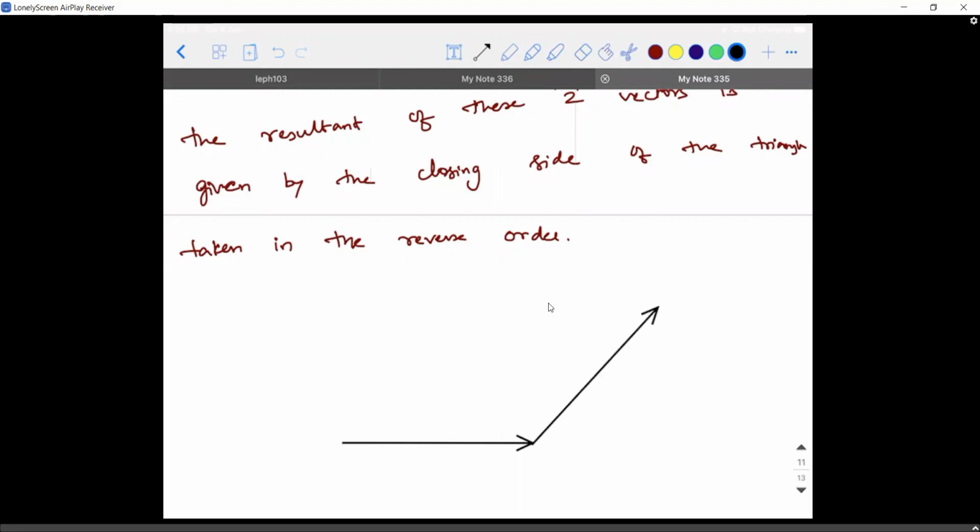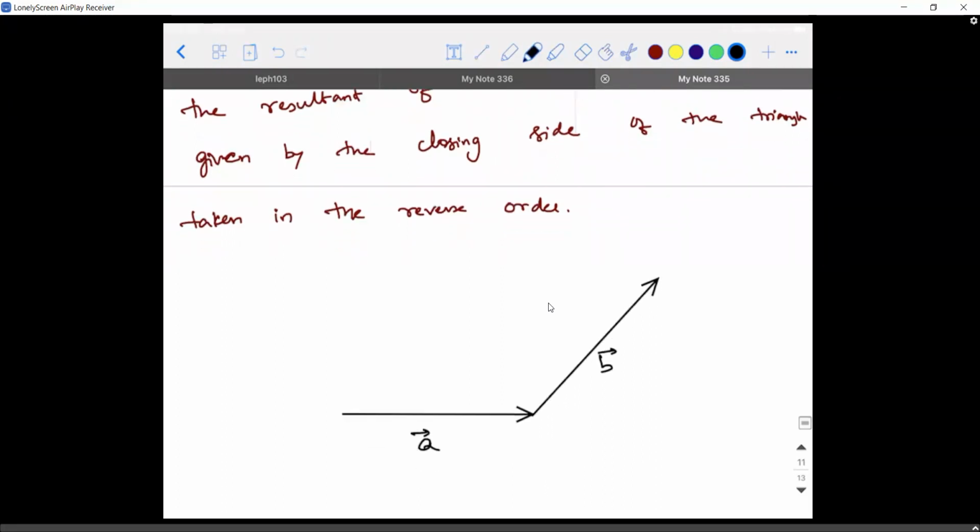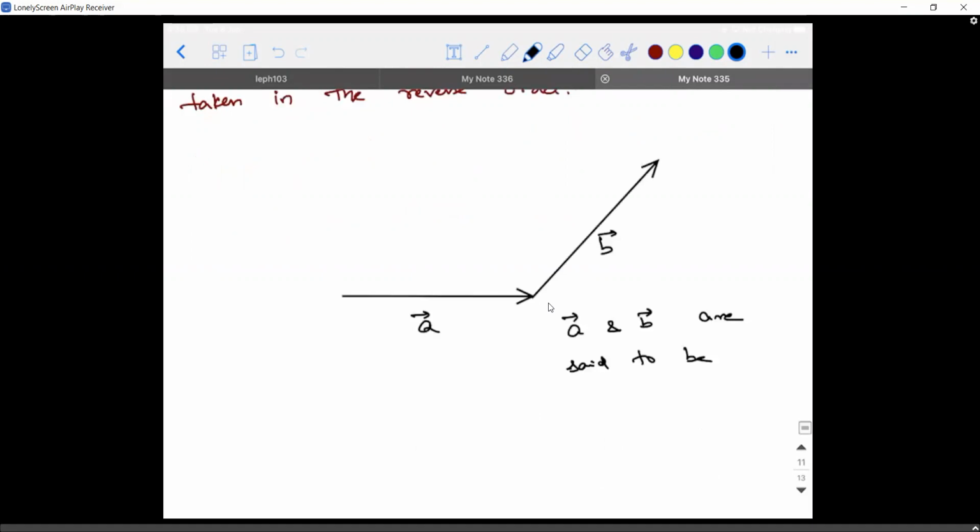This is another vector. If I call the first vector A and the second vector B, A vector and B vector are said to be in order.